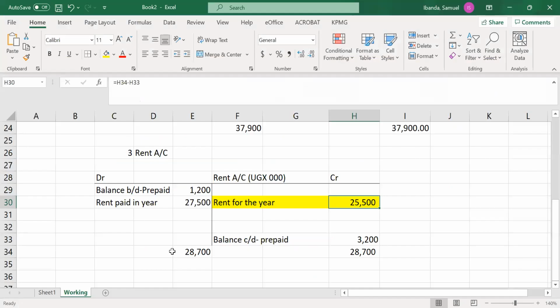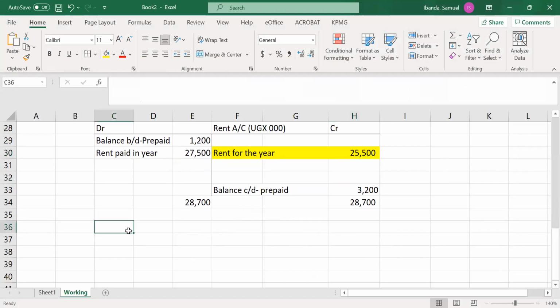So I'll come to my working and I'll look for furniture. I'll just say depreciation. So I'm going to first look at furniture because it's the one that is affected. This is my working for furniture.